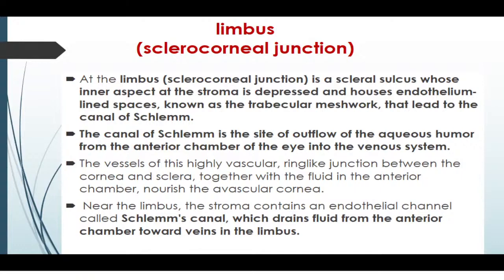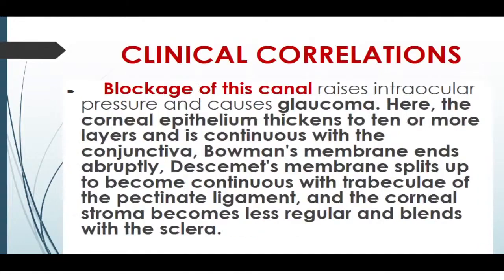Near the limbus, the stroma contains the endothelial canal called the Schlemm canal, which drains fluid from the anterior chamber towards the limbus. Clinical correlation: blockage of this canal raises intraocular pressure and causes glaucoma.